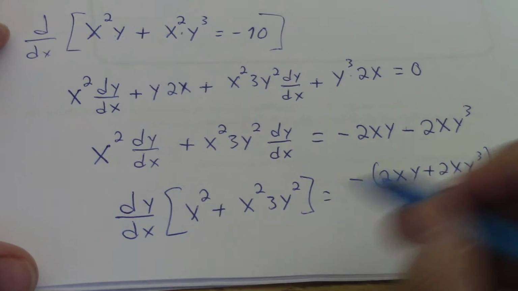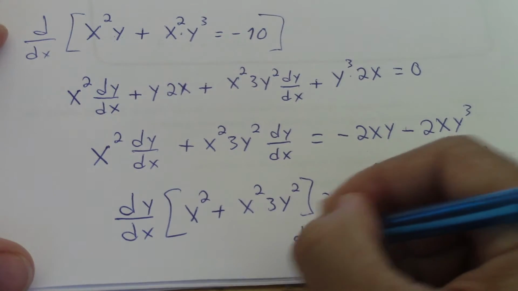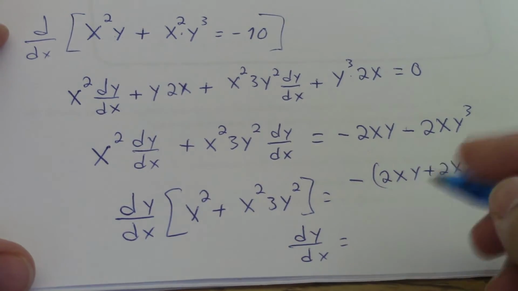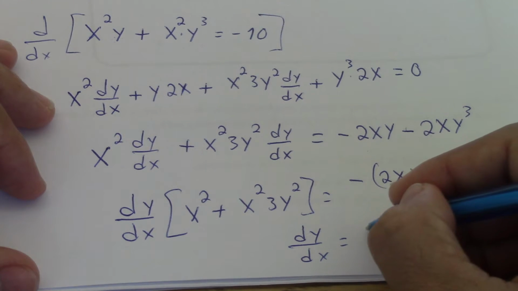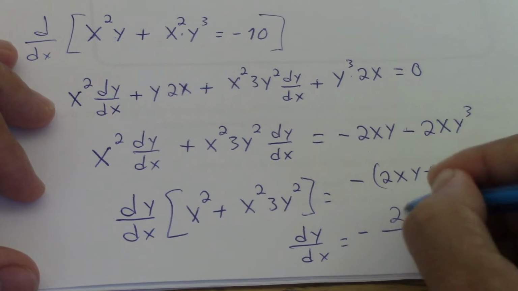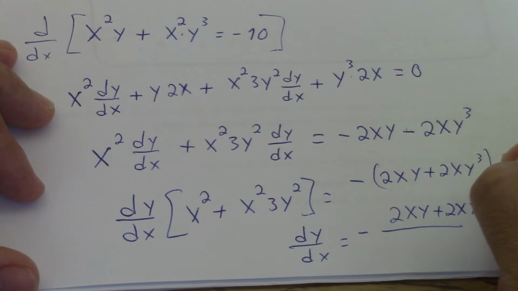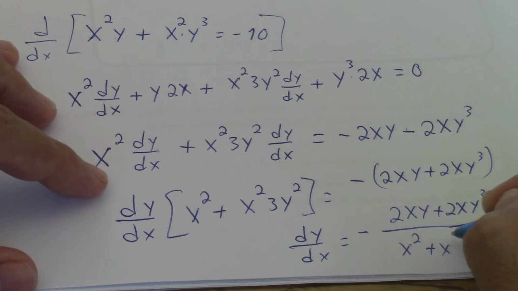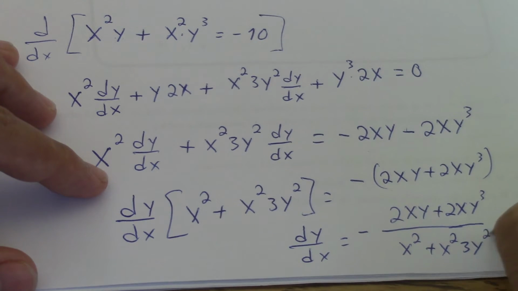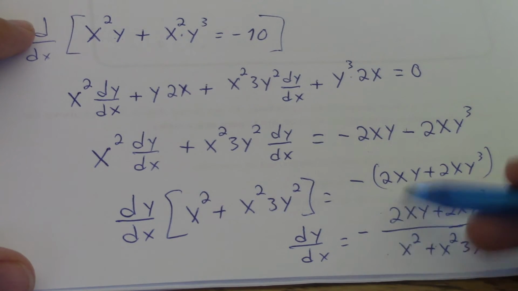Okay, like this. And the final answer would be dy/dx is equal to all this divided by this. So let's write negative 2xy plus 2xy to the third divided by x squared plus x squared 3y squared. Okay, now we can factor x here, we can factor x here, and then we can cancel.